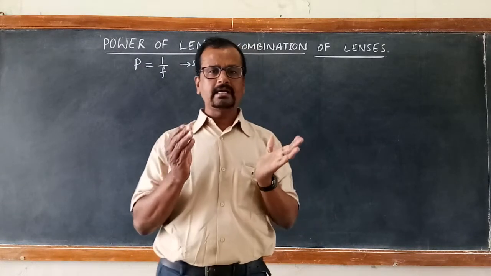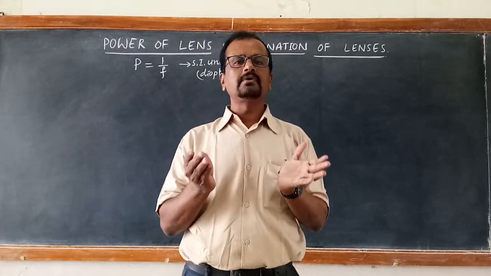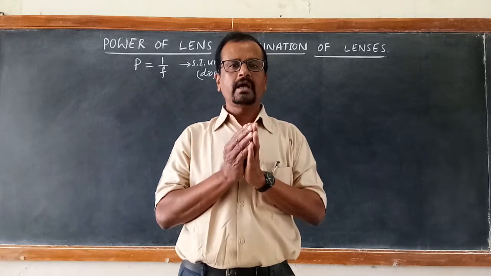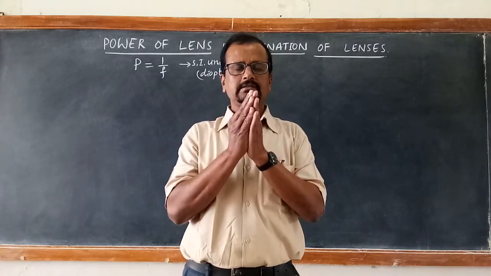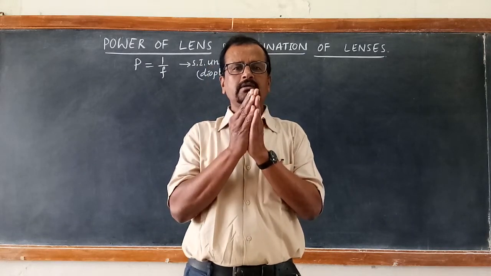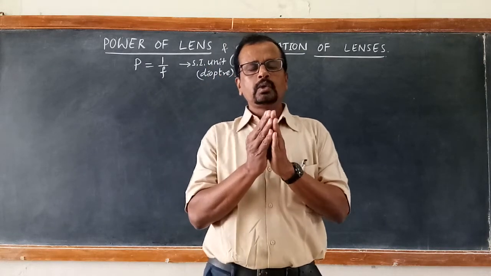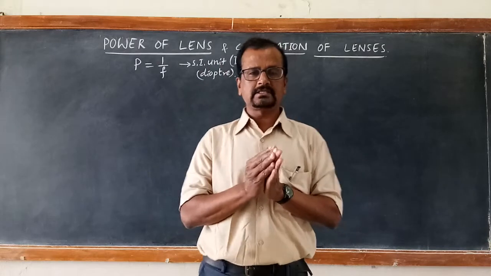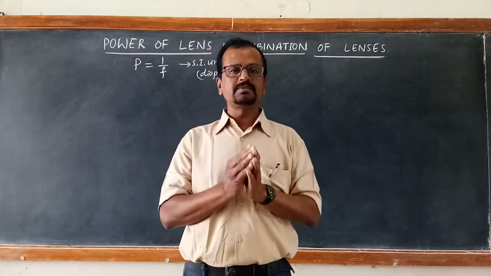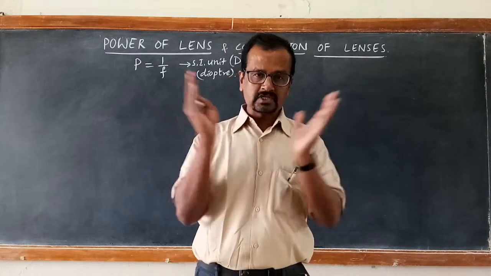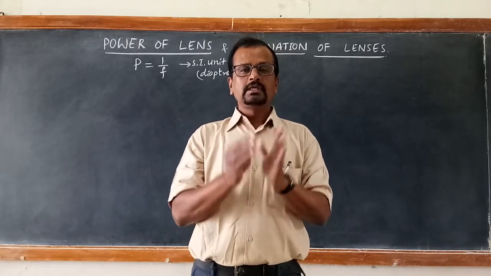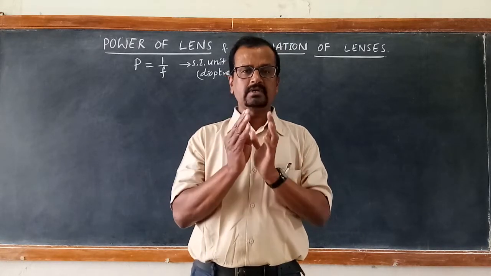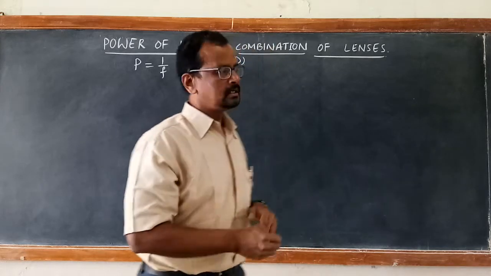So when you combine lenses of different powers, if you keep the lenses in contact, then the net power of the lens, the total power of such combined lenses kept in contact becomes equal to the sum of the powers of the individual lenses.